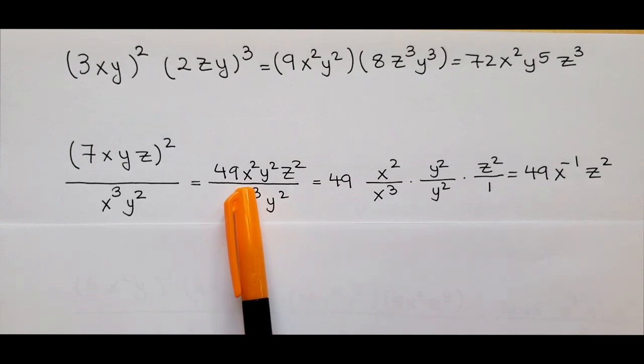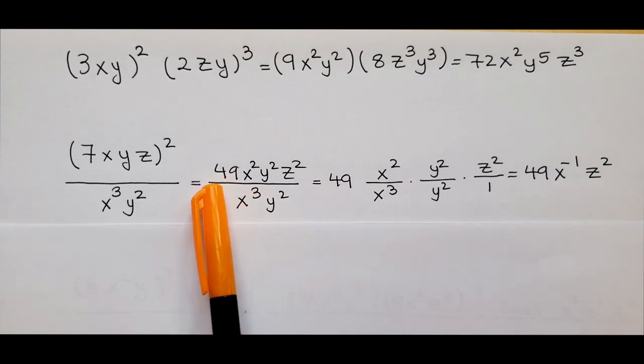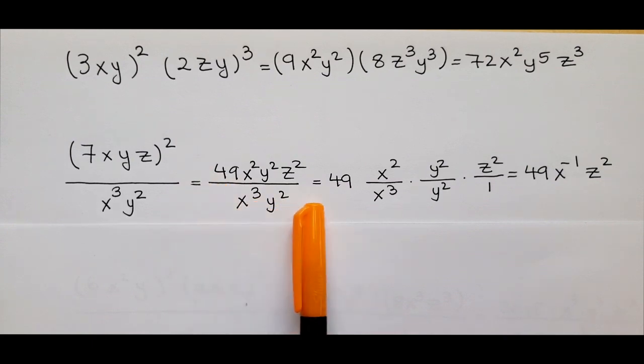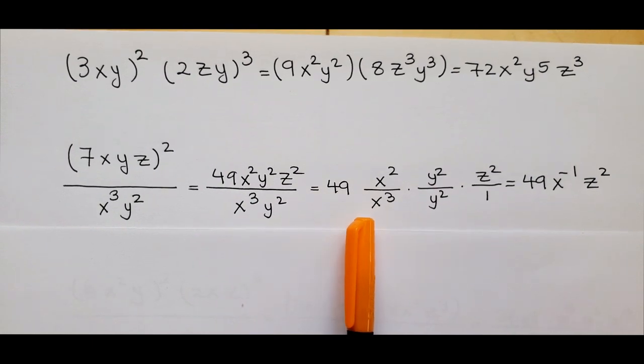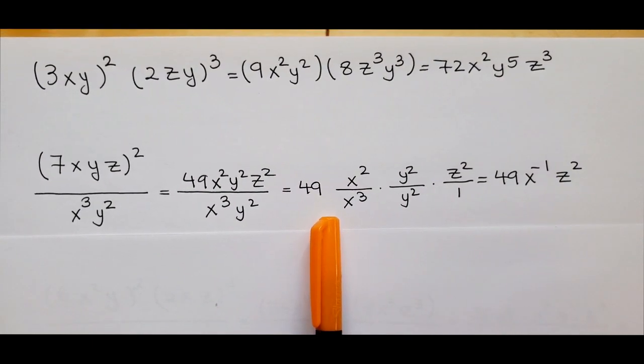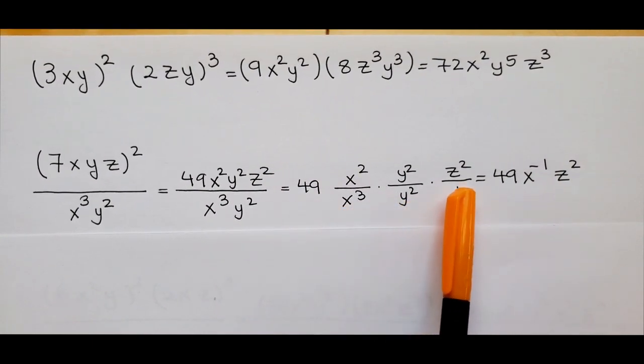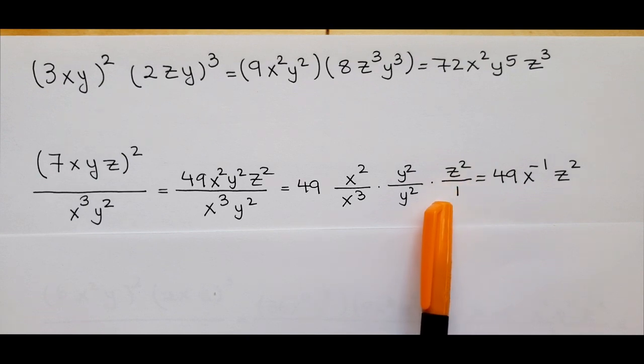So remember, go step by step. 49 divided by the constant, which is 1, then x squared divided by x cubed, y squared divided by y squared, and then z squared divided by 1. And then if you simplify everything, you will end up with 49 x to the power -1 z squared.